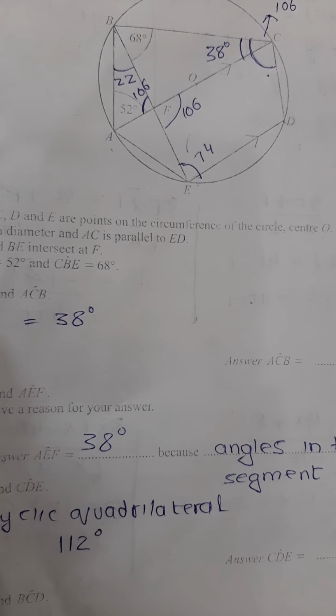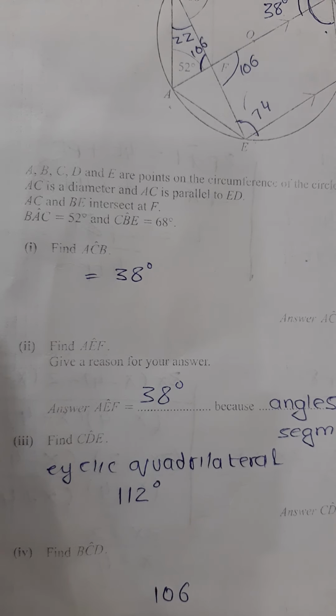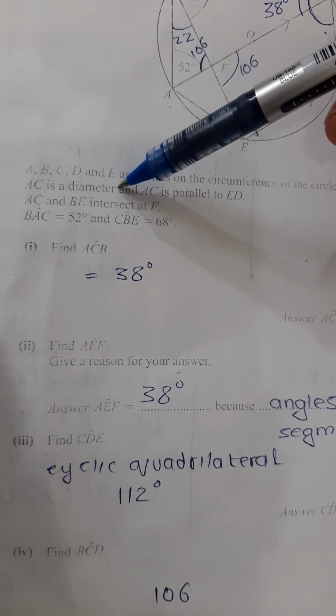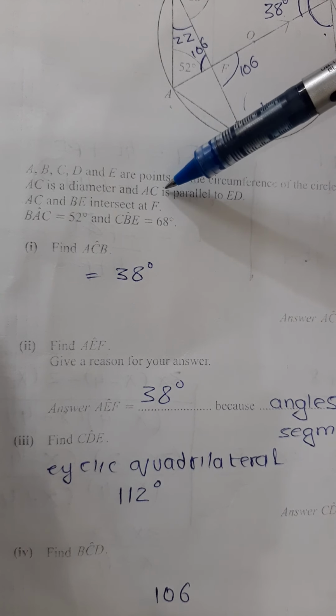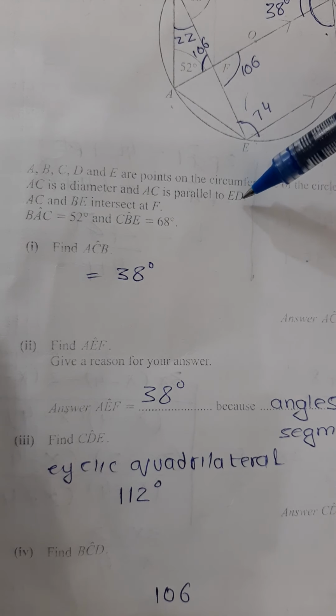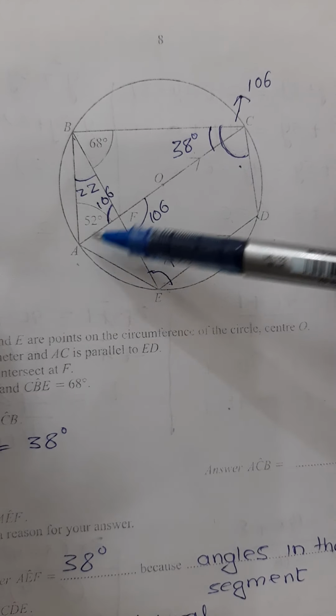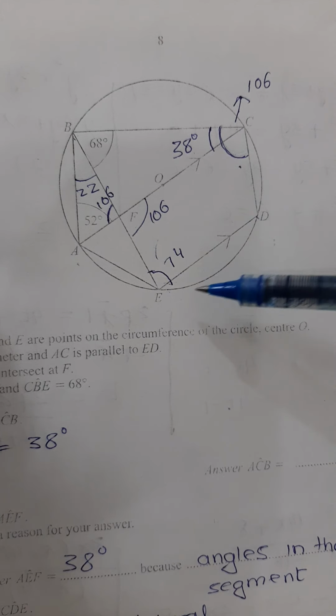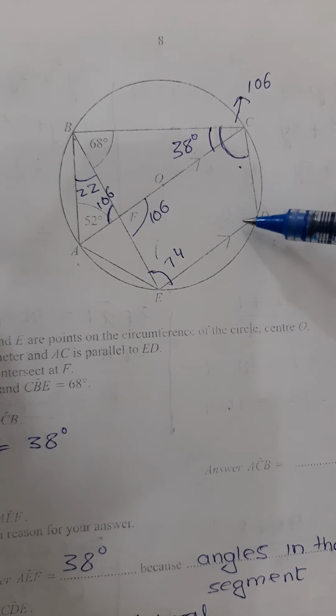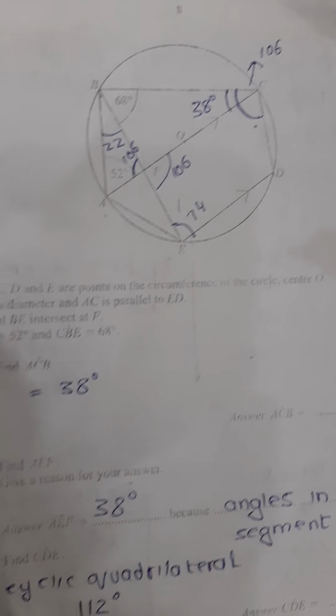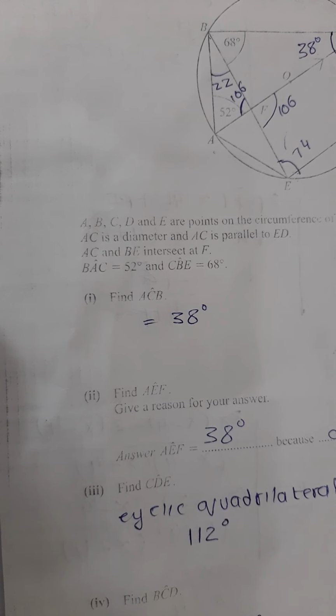Given that AC is the diameter, as you can see in the question, and AC is parallel to ED. What is further given?